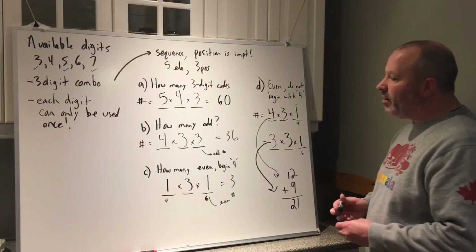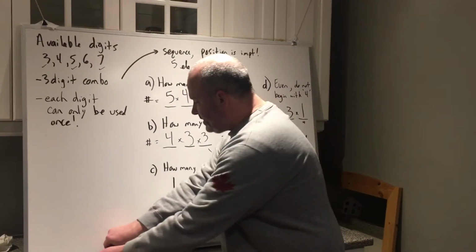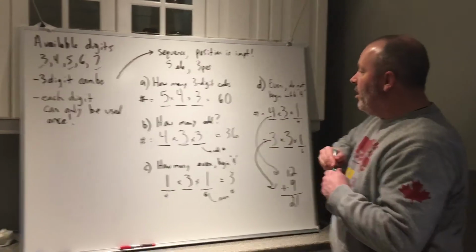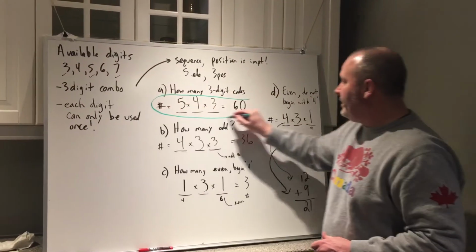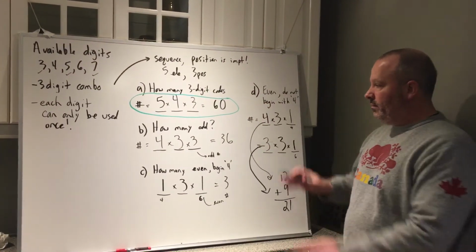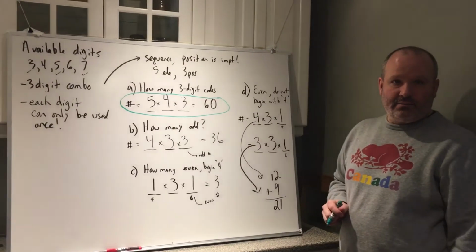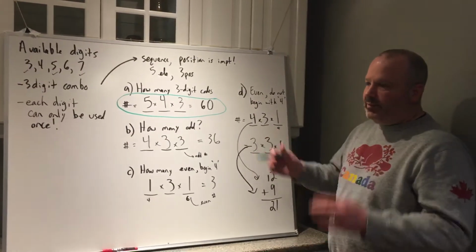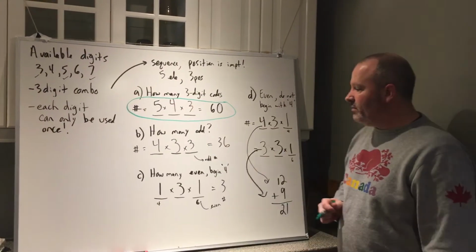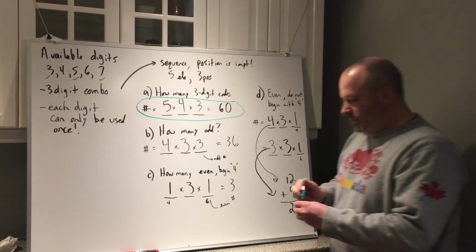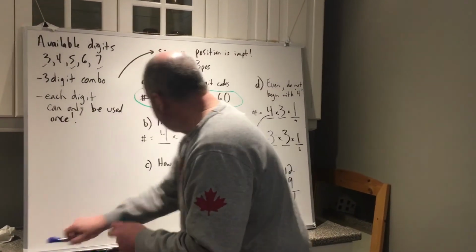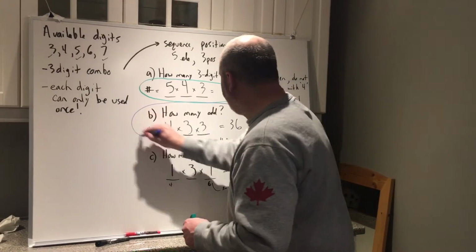Now, how do these all connect together? Because that's what E is asking. If you notice, this is all the possibilities, all the things that we can get. These are all the odds, which should be kind of half, but it's a little bit more than half because you have more odds than evens. I'll circle that in blue.